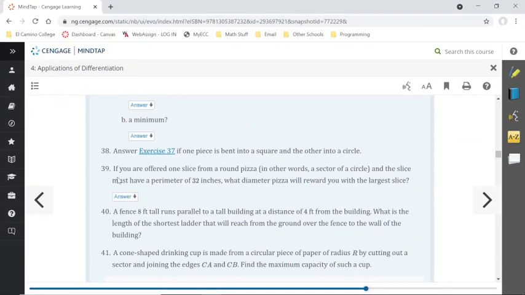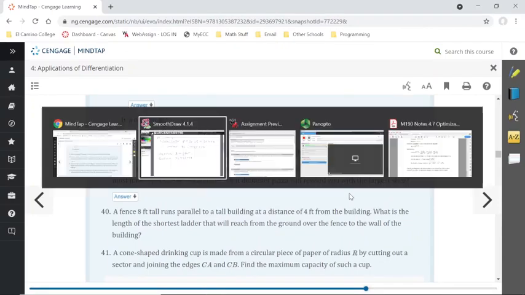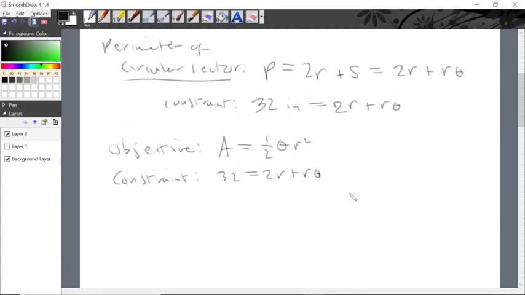Just to check, what diameter pizza will reward you with the largest slice? We have diameter equal to 2 times radius, so we want to find out what r is. We want to find D equal to 2r such that A is maximized.